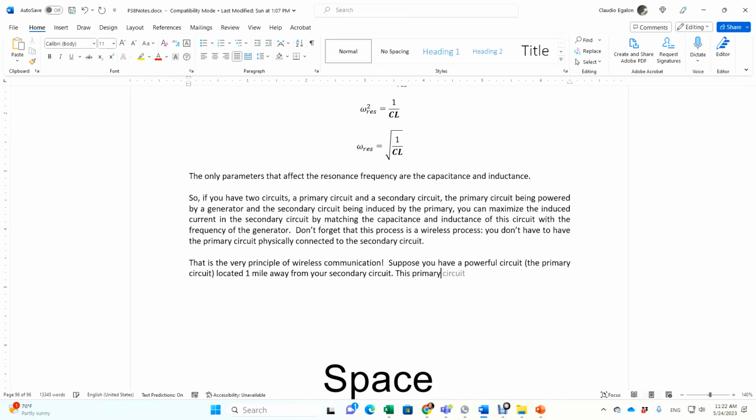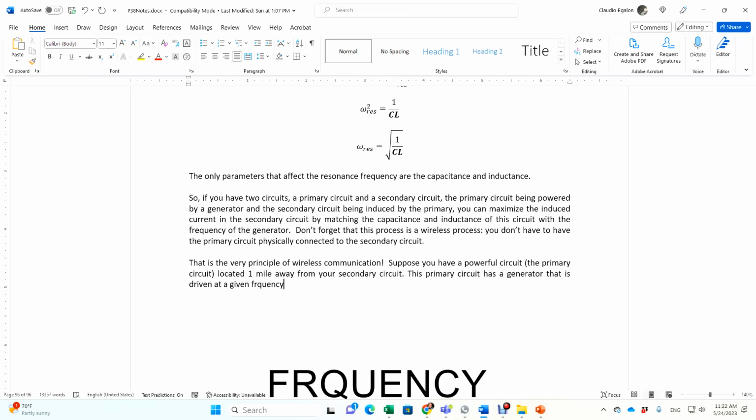This primary circuit has a generator that is driven at a given frequency, right?